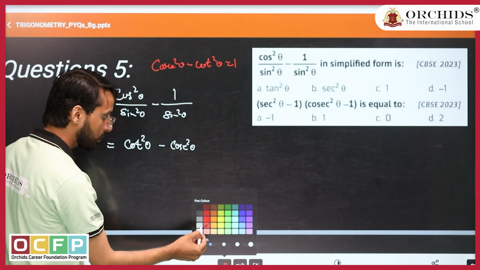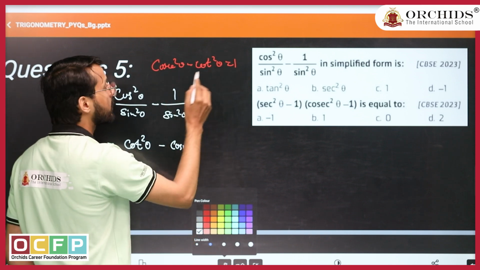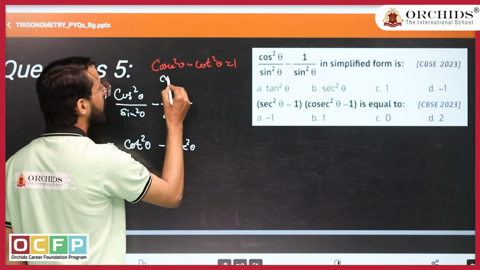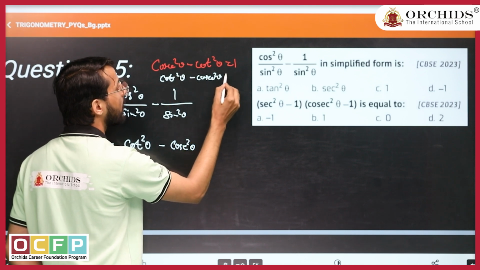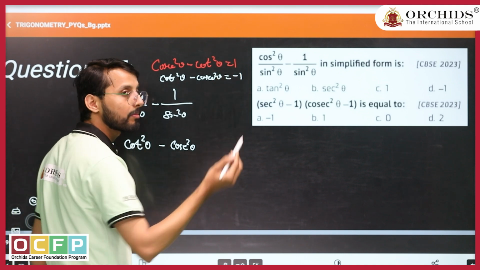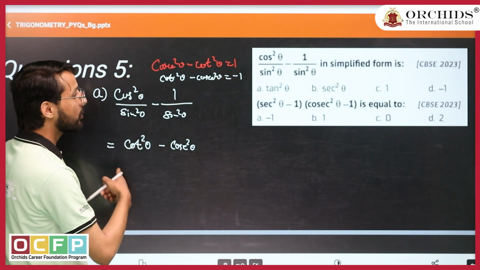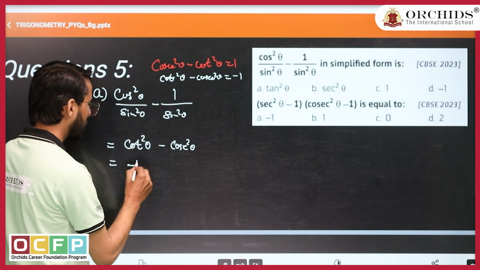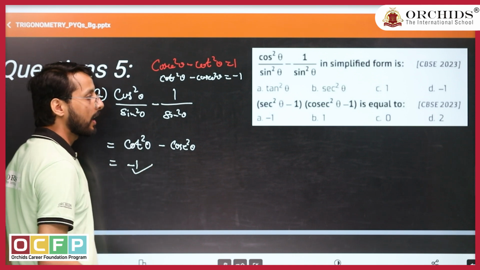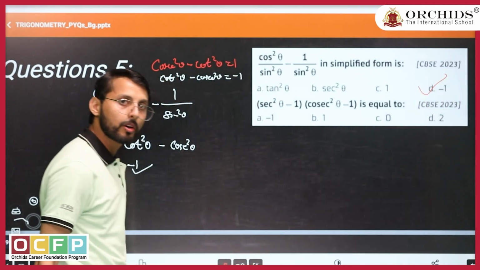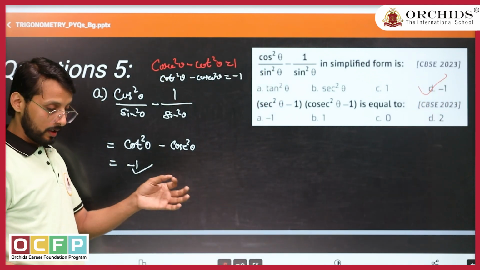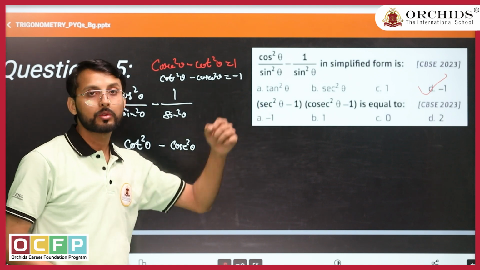So what do I have to do? I have to switch the terms. If I write cot square theta minus cosecant square theta, instead of 1 what will I get? Minus 1. So can I replace this overall value with minus 1? So minus 1 is my answer, and you can see within a minute you can get the answer as minus 1, option D.